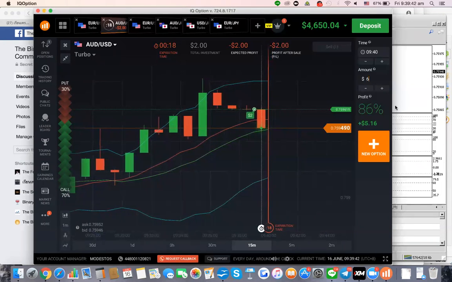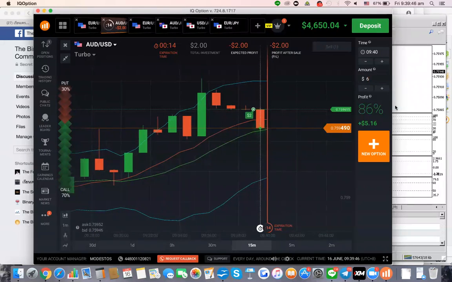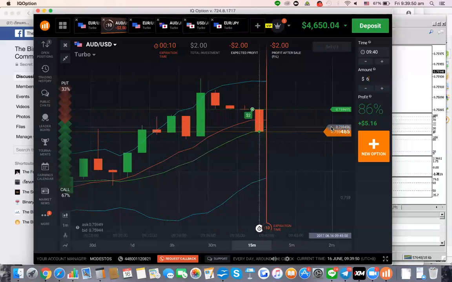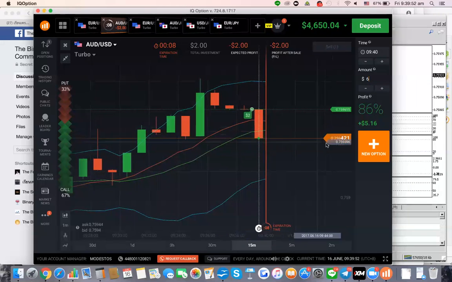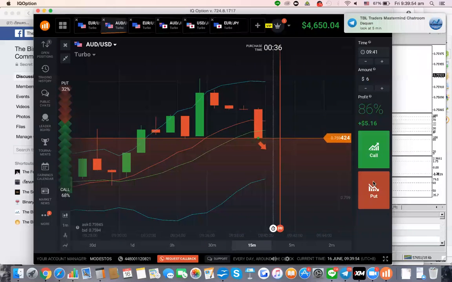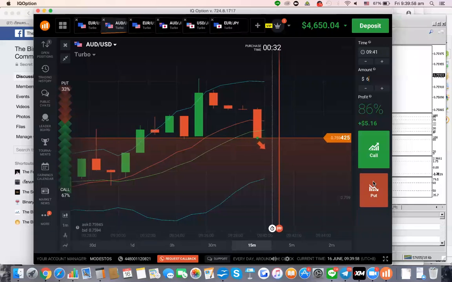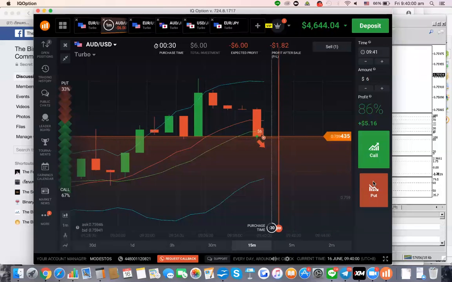So the whole point is to make it safer and simpler. If it's above the band, I'm still going for calls. If it's beneath the band, I'm going for puts.